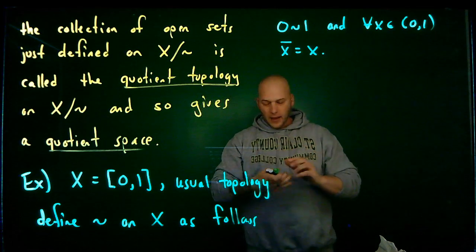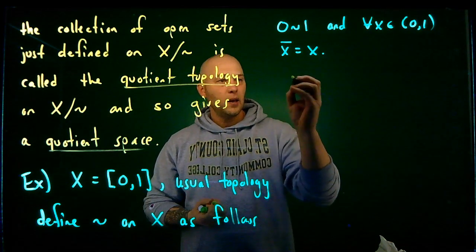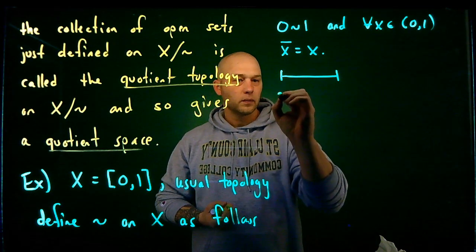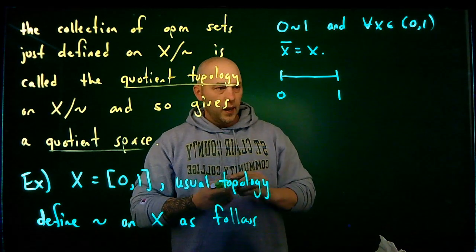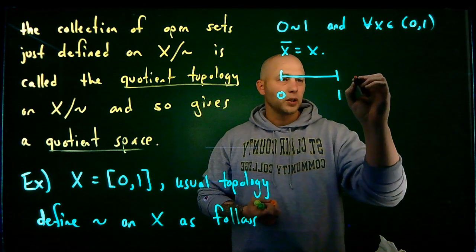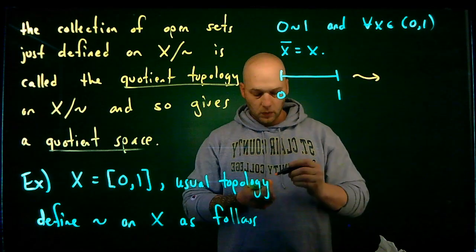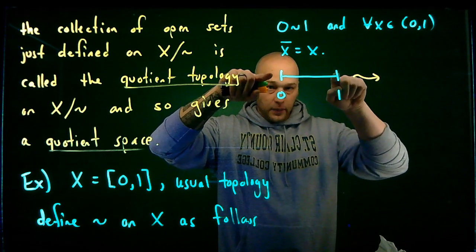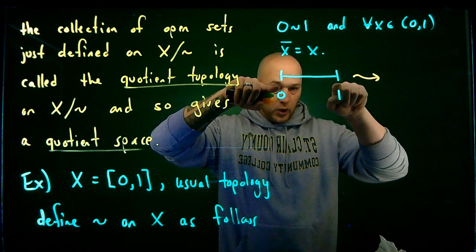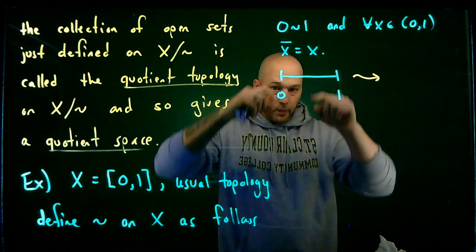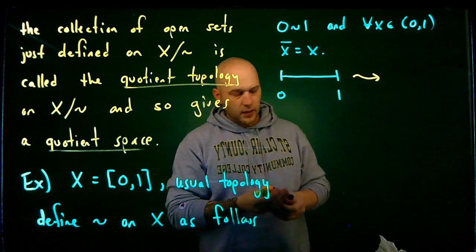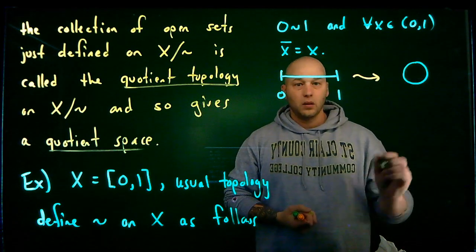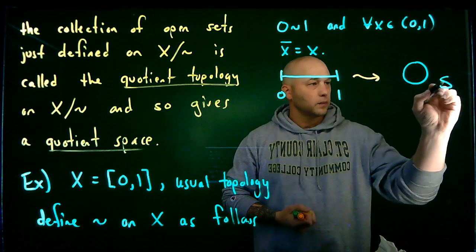And so what you could imagine is I take this closed interval from 0 to 1, and using this equivalence relation, think of this as like a string. I'm taking 0 and 1 and making those equivalent, which means they're going to be the same point. And what happens is I get a circle, so S1.